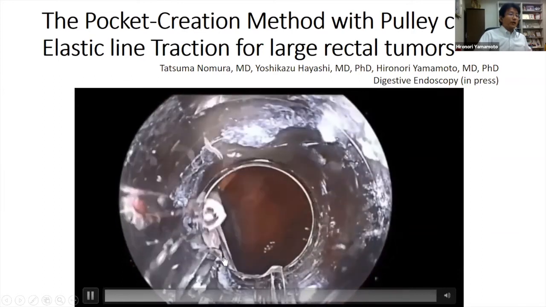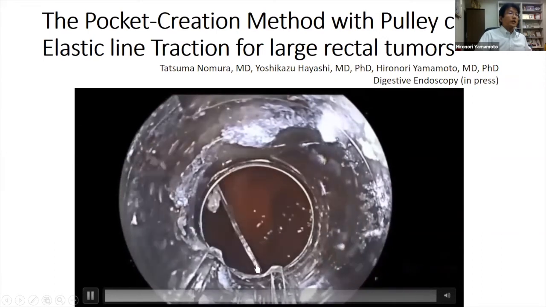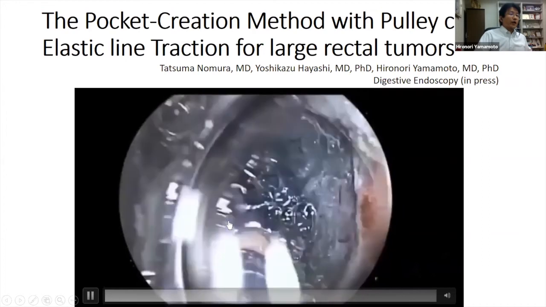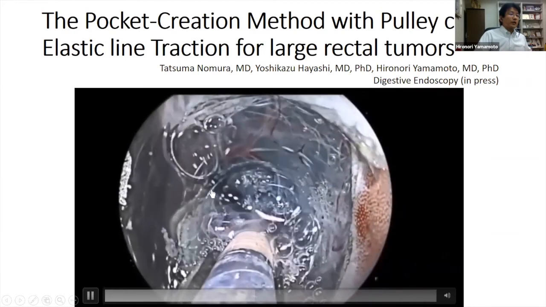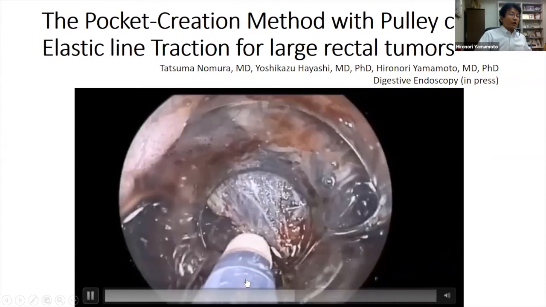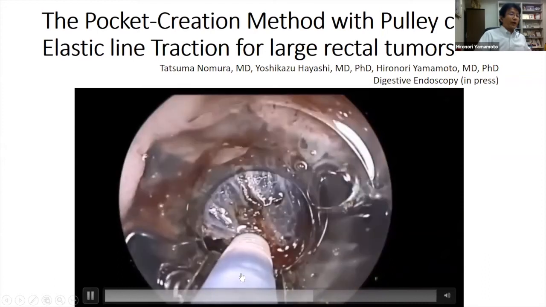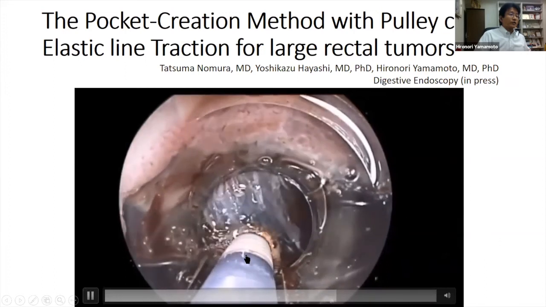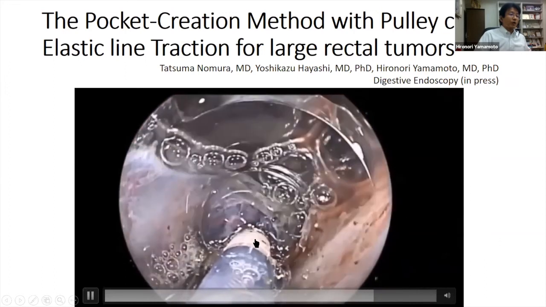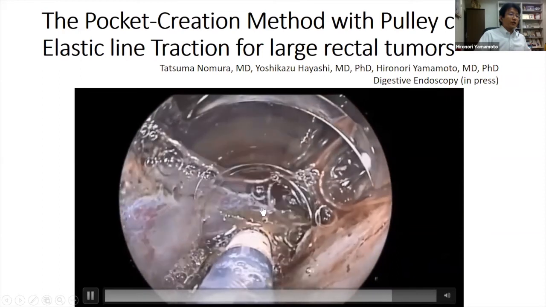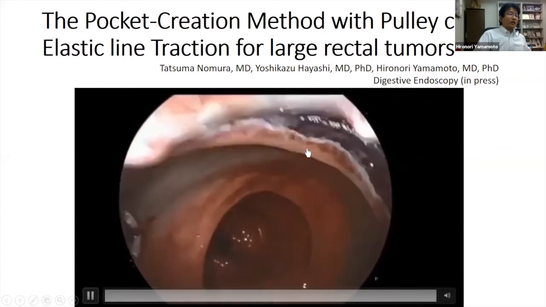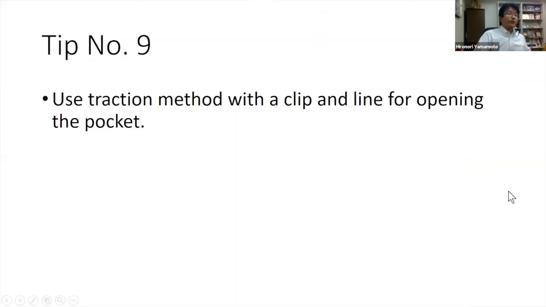And this is the elastic line, pulling the lesion. Then you can maintain a good traction. So with that traction, the opening of the pocket is very easy, stable, and the ESD can be completed.